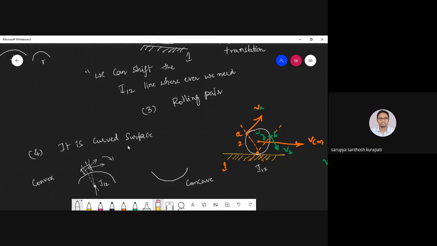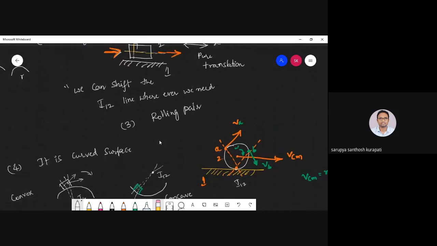Similarly here also, you can take a body and two reference points, draw the two velocity vectors and the perpendicular lines to them, and these are going to join at one point. So this point is I12. These are the I centers for different bodies.